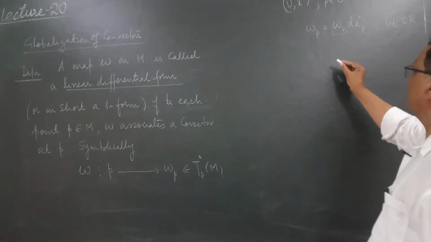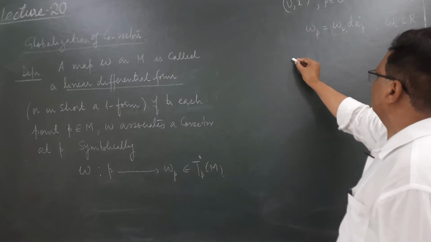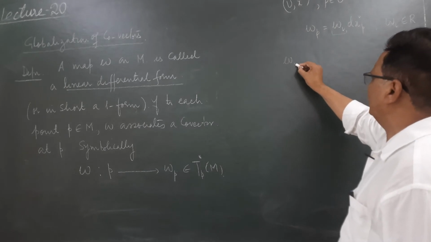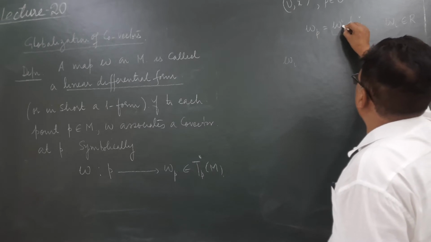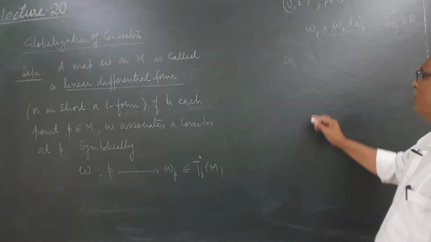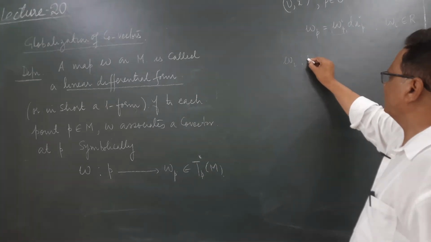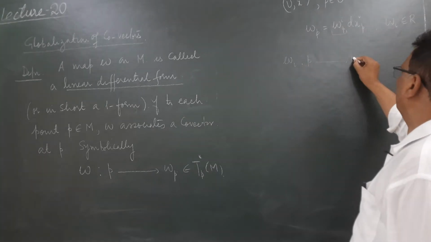So you consider a function, I will denote it by omega i p. ठीक है ना? So omega i is a function which associates to each point P omega i p.